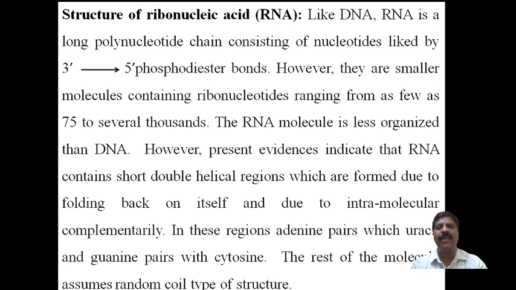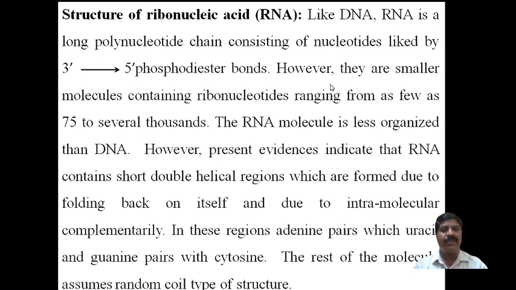Like DNA, RNA is a long polynucleotide chain consisting of nucleotides linked by 3 prime to 5 prime phosphodiester bonds. In DNA, it always begins with 5 prime and ends with 3 prime, but in RNA it is exactly the reverse. It also contains ribose as the sugar, not deoxyribose.